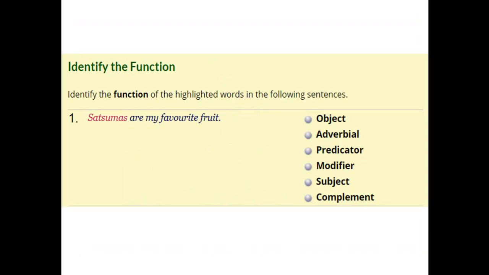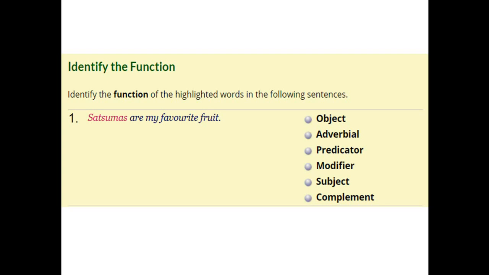So we have some exercises related to identifying function and form. Here's the first example. Identify the function of the highlighted words in the following sentences. Let's guess. Satsumas are my favorite fruit.